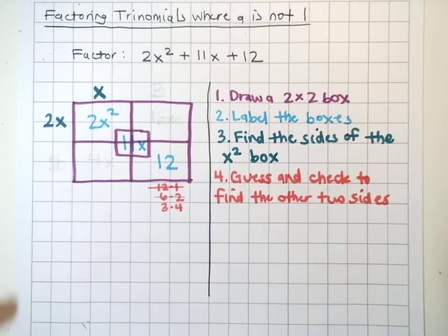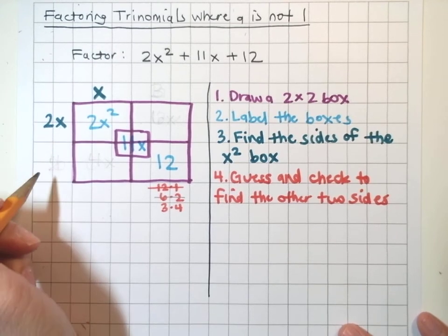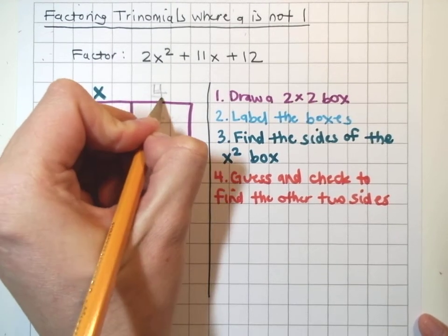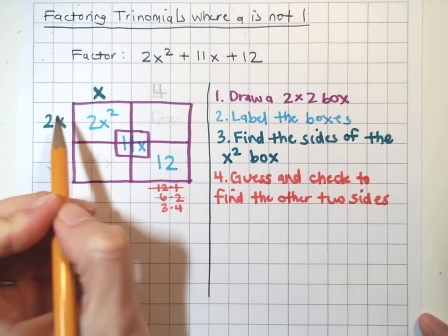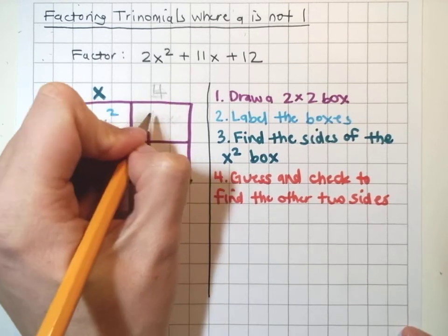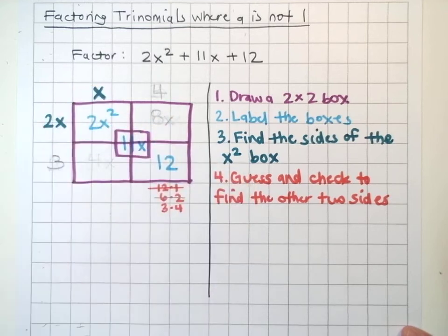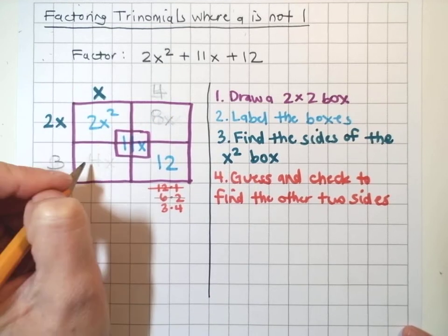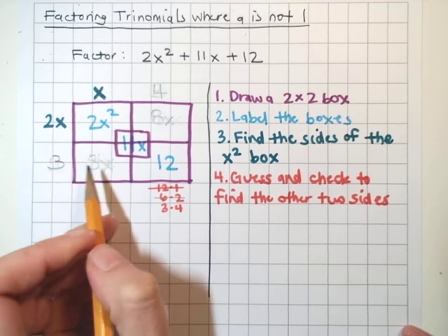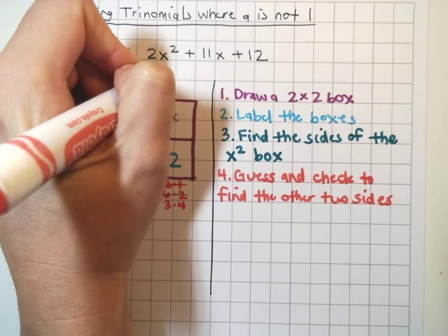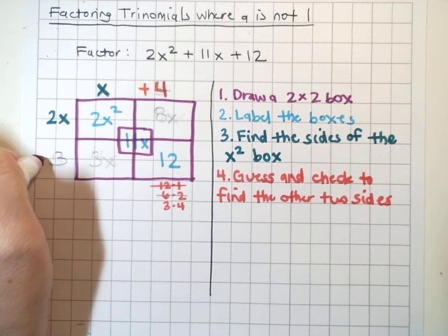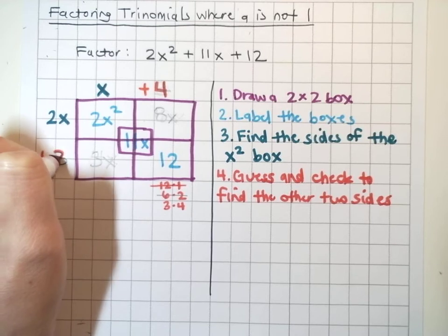You won't have to guess and check every single one. So what if we put the 4 up here and the 3 down here? 2x times 4x gives us 8x, and 3 times x gives us 3x, and yes, those add to 11x. So we know that it is positive 4 and positive 3.